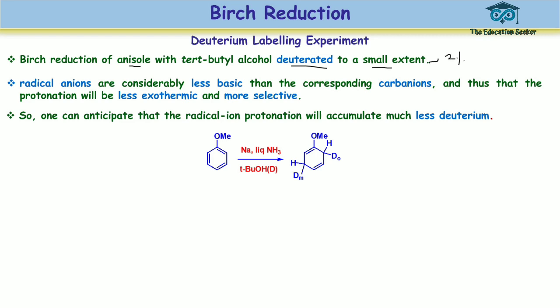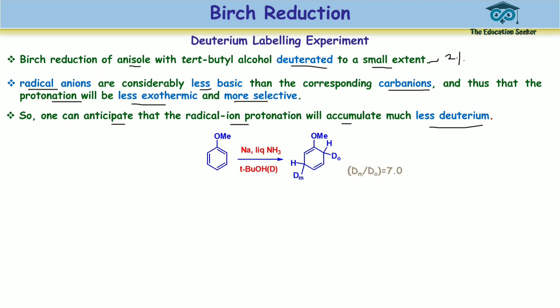One important thing to note is that radical anions are considerably less basic than the corresponding carbanions. Thus, the protonation will be less exothermic and more selective. So we can anticipate that the radical anion protonation will accumulate much less deuterium compared to hydrogen.